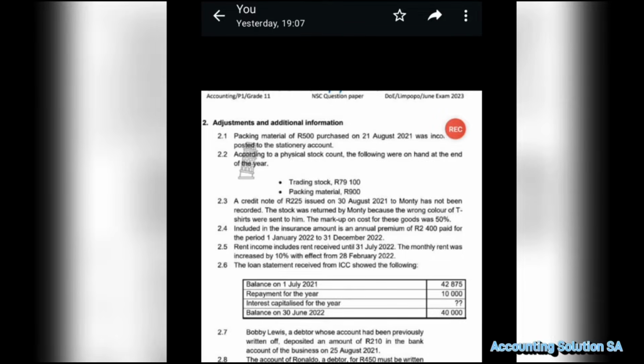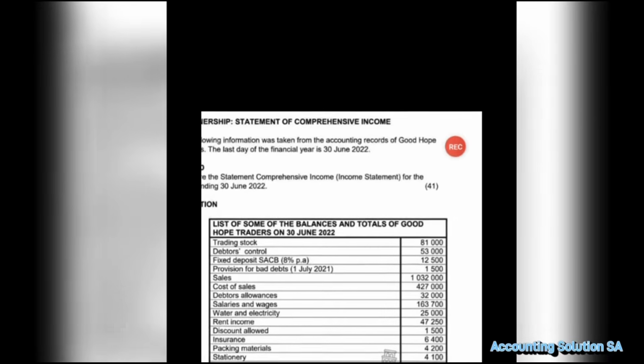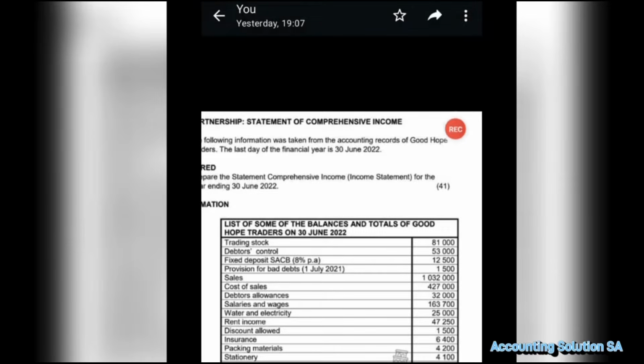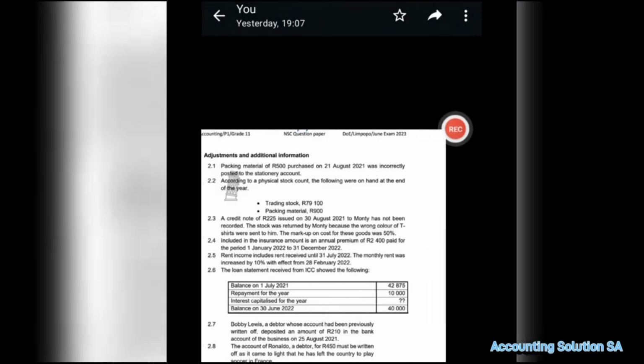Okay, so we have to get the amount before rent increase, because the amount that we have of 47,250 has included the amount of rent increase and before increase. So this is what you need to do on your calculator.